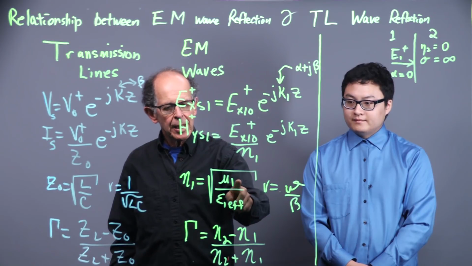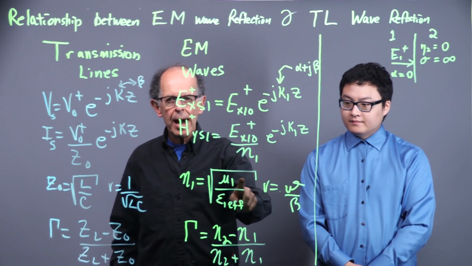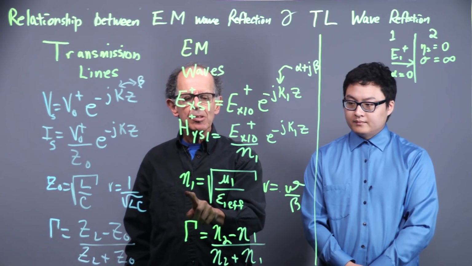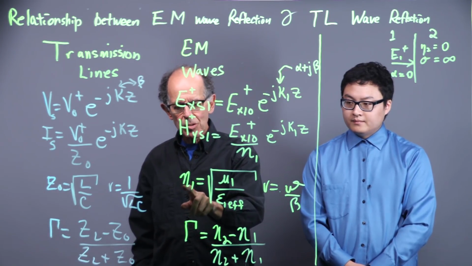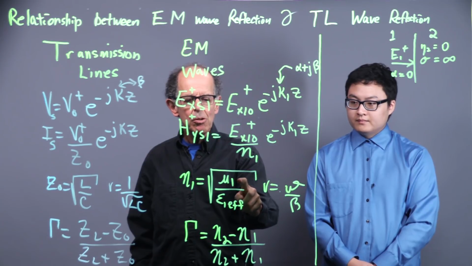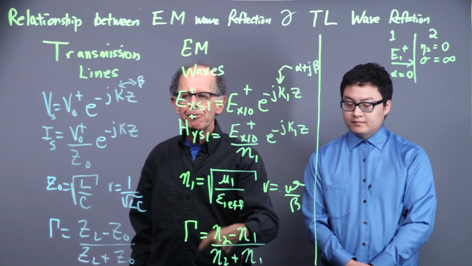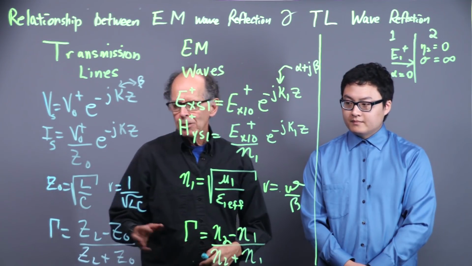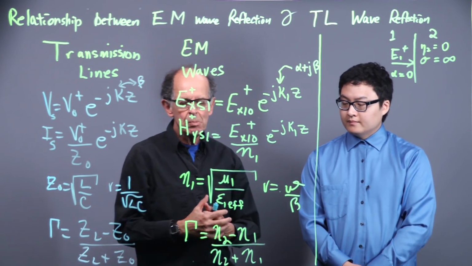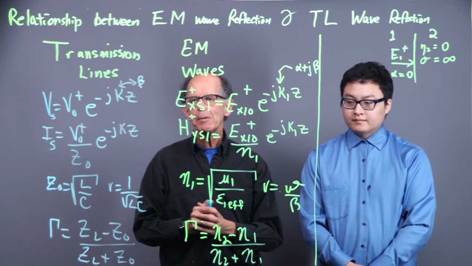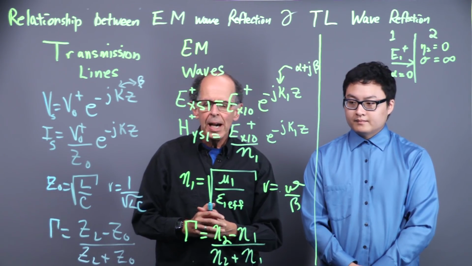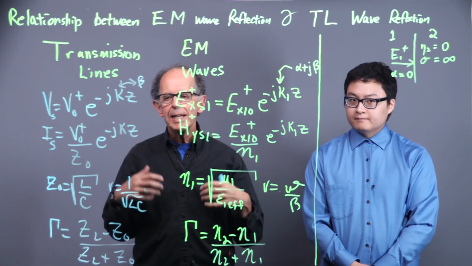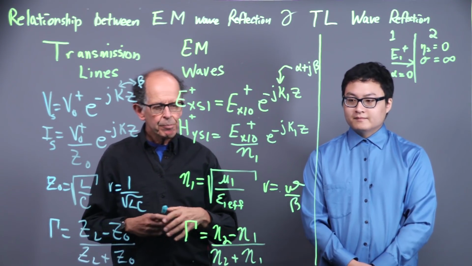What's different, and we emphasize here in practical situations, is that the intrinsic characteristic impedance for the waves, with the symbol eta, is mu divided by the effective epsilon, which can have a real part, and that corresponds to what we have in transmission lines, but it also can have an imaginary part, and that imaginary part is due to the ohmic term in Ampere's law.